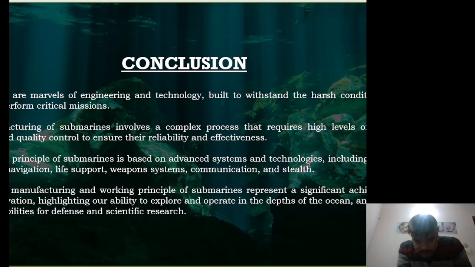The working principle of a submarine is based on advanced systems and technology including buoyancy, propulsion, navigation, life support, weapon system, communication, and stealth. Overall, the manufacturing and working principle of submarines represent a significant achievement in human innovation, highlighting our ability to explore and operate in the depths of the ocean and providing critical capability for defense and scientific research.